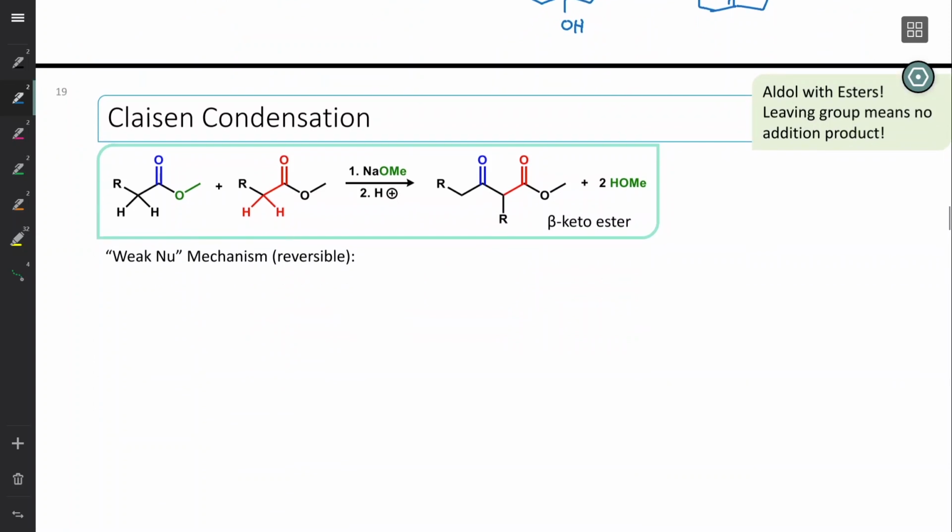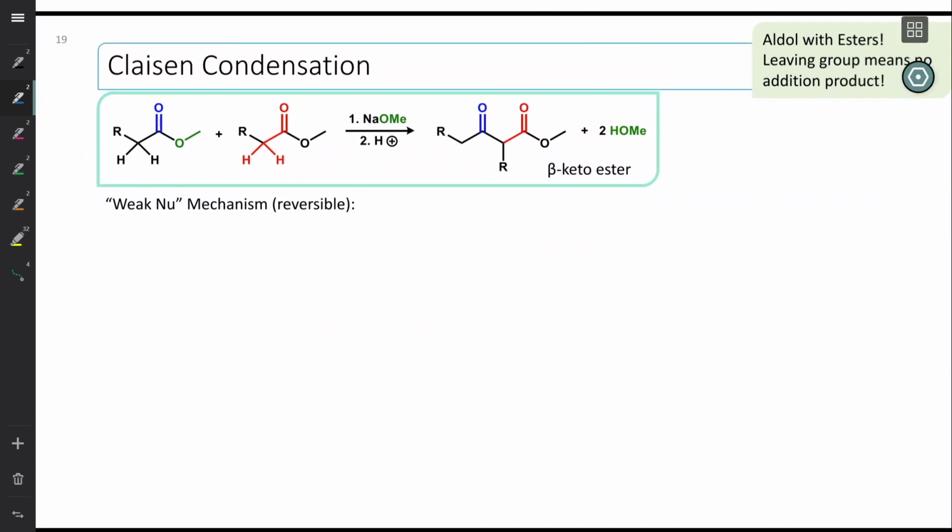Okay, after this, now we're going to do the Claisen condensation. So the Claisen condensation, so I'll move this guy away, is basically an aldol with esters. The mechanisms are really similar, but these are esters, so they are carboxylic acid derivatives, and they have leaving groups.